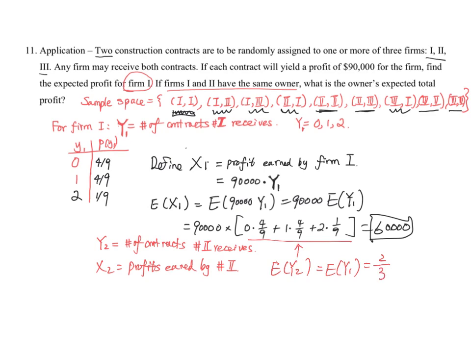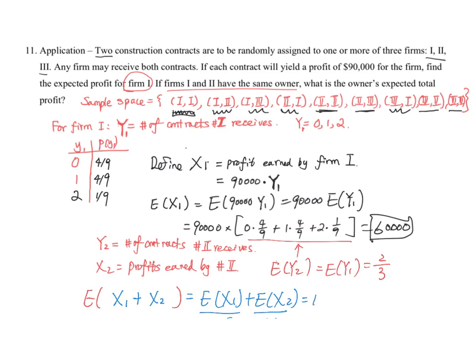The expectation of the total profit for this owner is the profits from firm number one plus the profits from firm number two. So what we are trying to compute is the expectation of X1 plus the expectation of X2. If you do the algebra, these two are the same because they are the same type of variable.